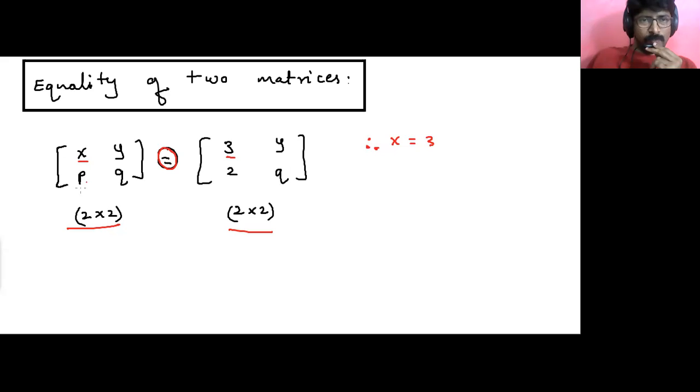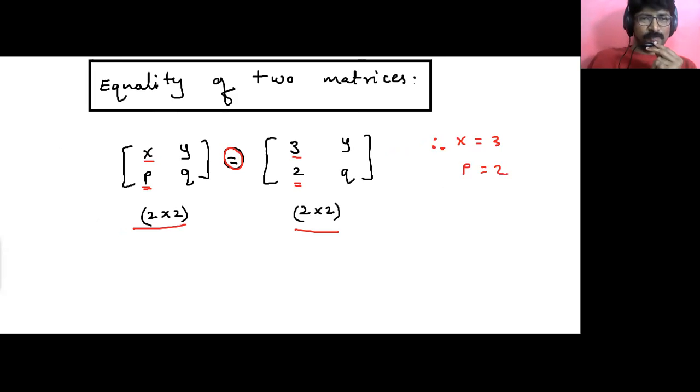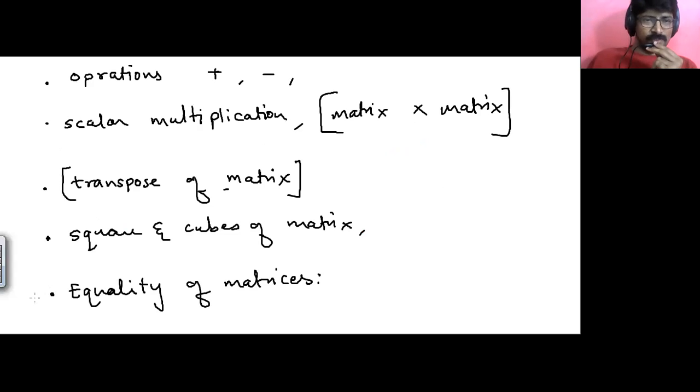This is called comparison, or using equality of the two matrices. So if you write it this way, you can find the value of x by using equality of the two matrices. Did you understand how I got the values of x and p? I hope you got this concept perfectly. So we finished one concept, equality of the two matrices.